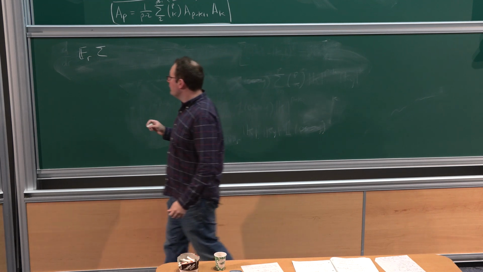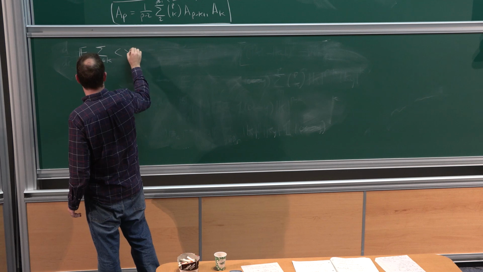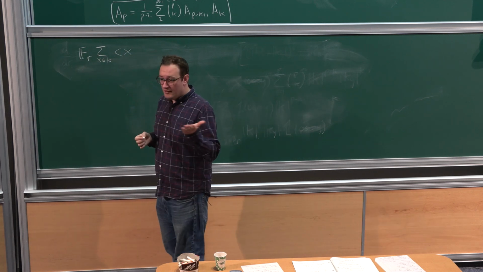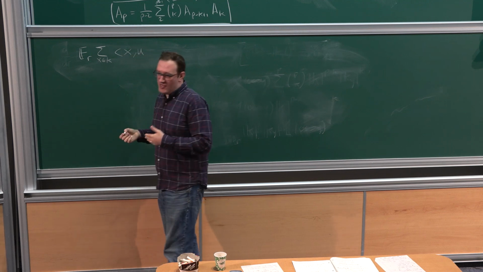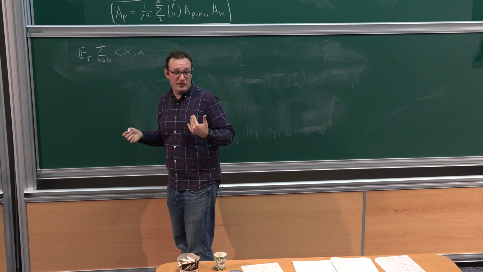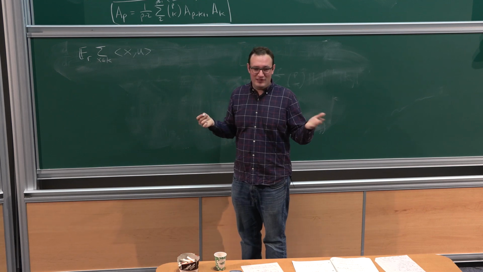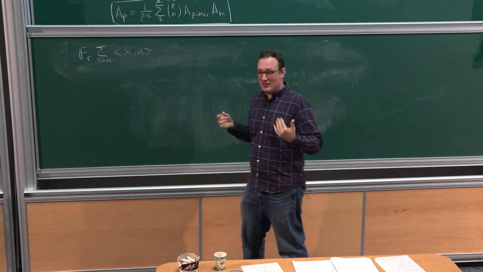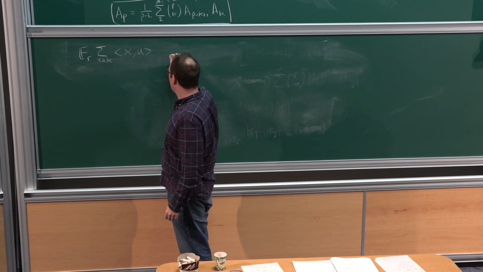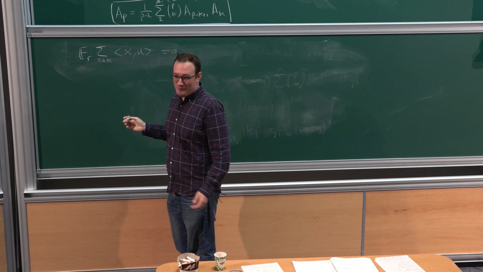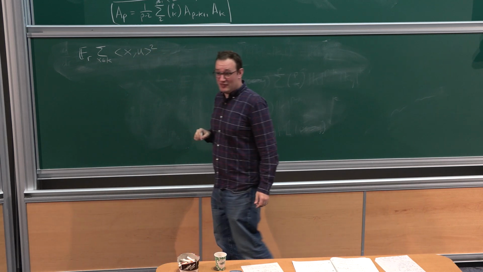Now, the simplest one to look at will be we take the inner product of x with some vector. You could think just take the horizontal coordinate or something. It's good to do it for a general vector because then you actually prove the scaling limit. Now, if we just did this, well, of course we get 0 by symmetry. Okay, so we don't want to look at that. The first interesting one is the square.